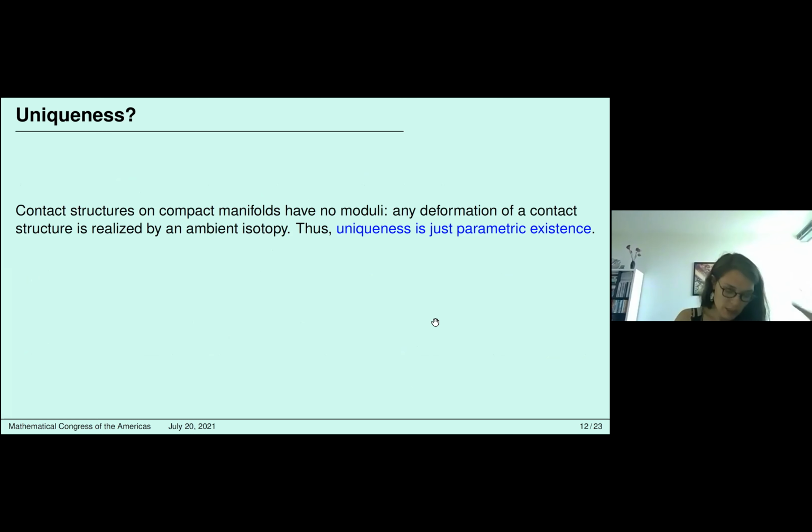Something that's nice about the topology or the geometry of contact structures is that inherently they do not have moduli. A deformation is an isotopy, and what that means is that uniqueness is the same thing as parametric existence.